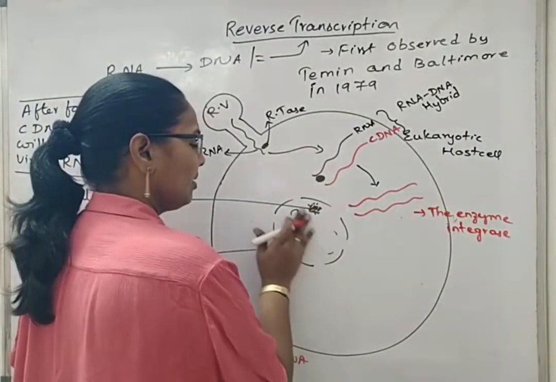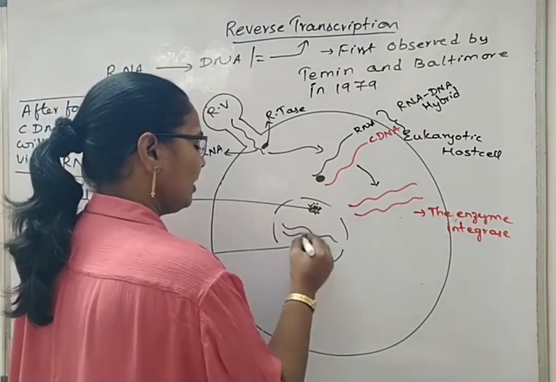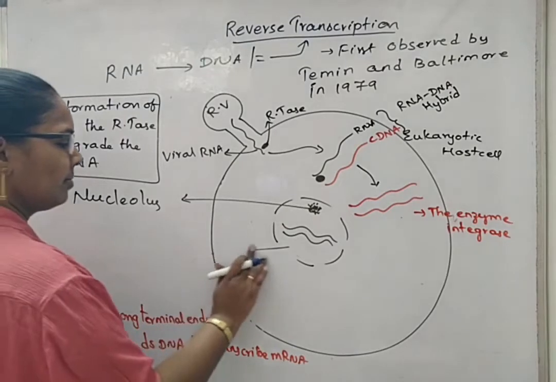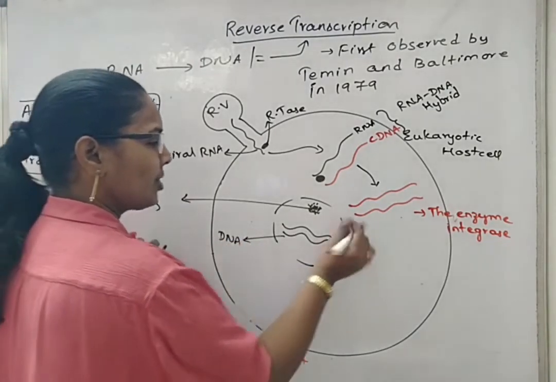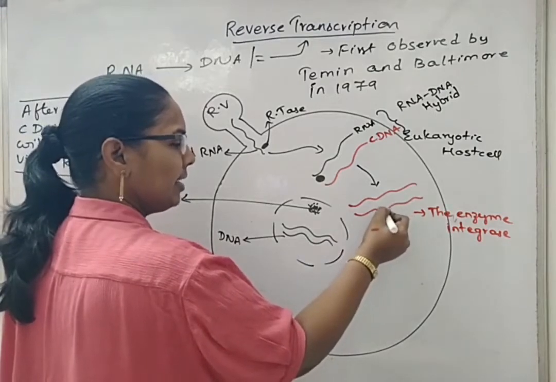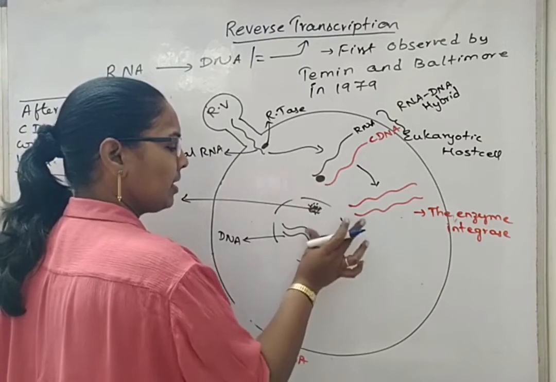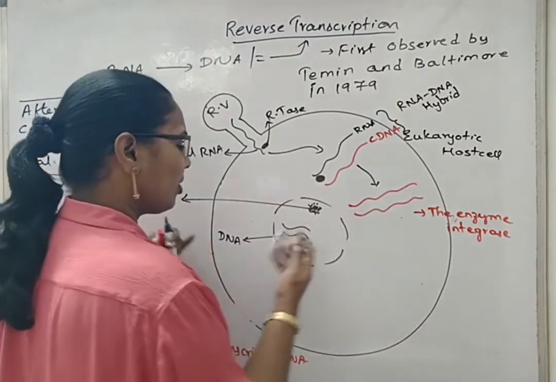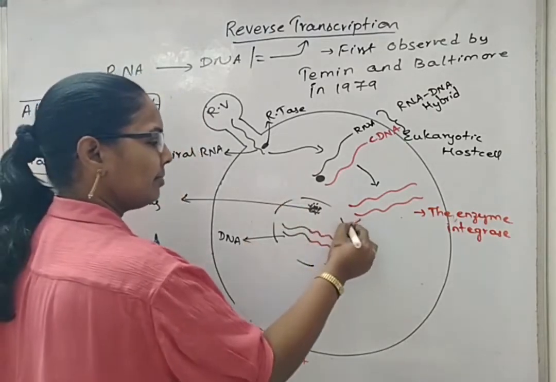So, if this is the DNA of the host, now this viral DNA, which is synthesized in the presence of reverse transcriptase, enters the nucleus and gets incorporated along with the host DNA, like this.